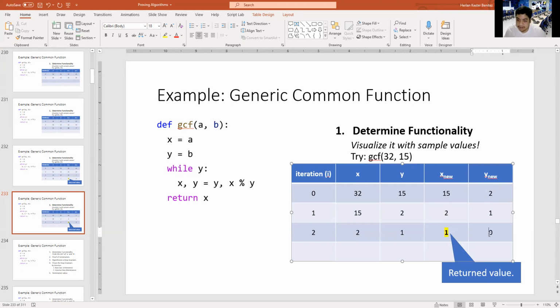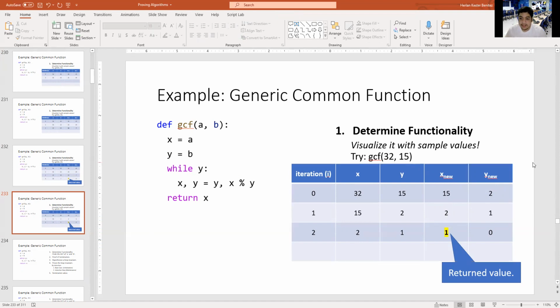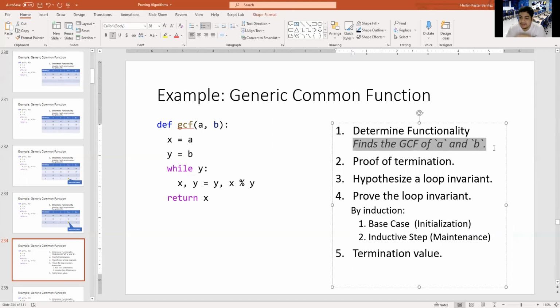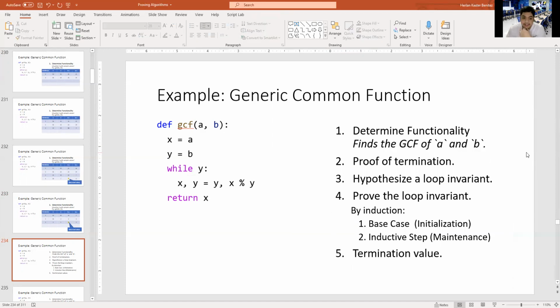So 0 si y new and si x new is 1. So tama naman, GCF ni 32 at 15 ay 1. So with that, sige, kahit hindi pa tayo sure, at least kung wala ka naman maisip, siguro yun na muna, tentatively. So the functionality, we find the GCF of A and B.